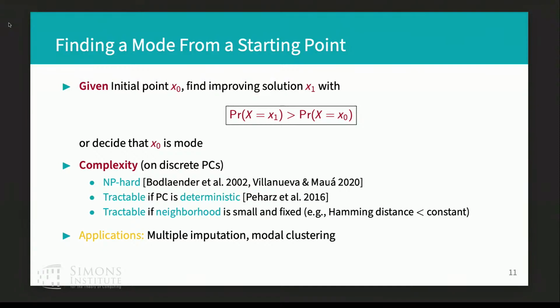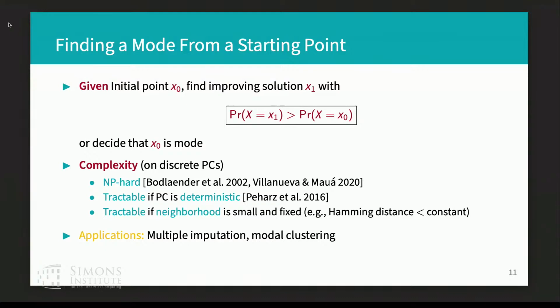Well, what we can show with some reinterpretations of facts is that trying to find if there is an improving point to a current one is also NP-hard. So Bodlaender showed this for Bayesian networks, and you can massage his construction to prove that also in probabilistic circuits with discrete inputs.